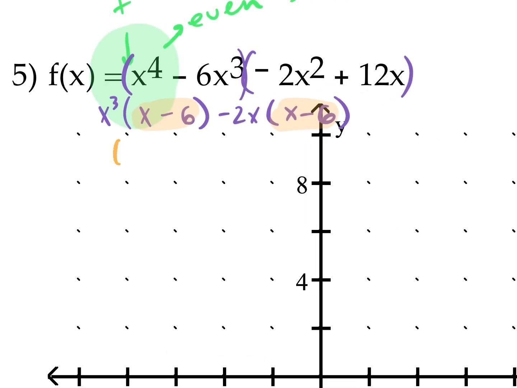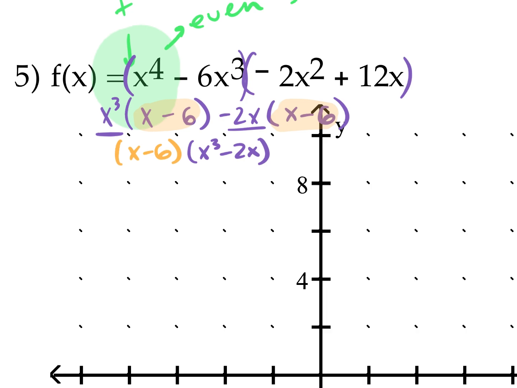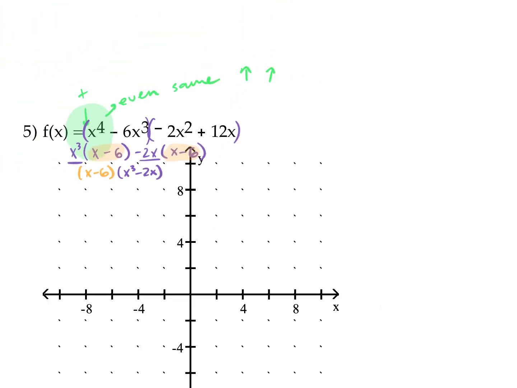So here, the inside parts go together. x minus 6 is our first group. Then the outsides go together, so that would be x cubed minus 2x. I'm going to write that on the side so we can factor a little bit more to find our zeros.